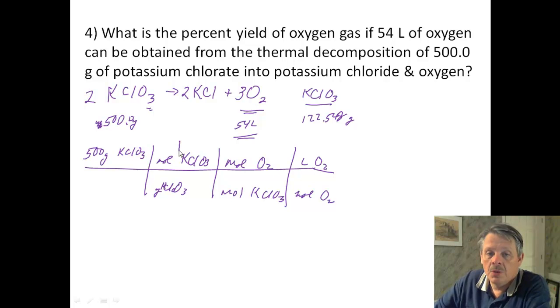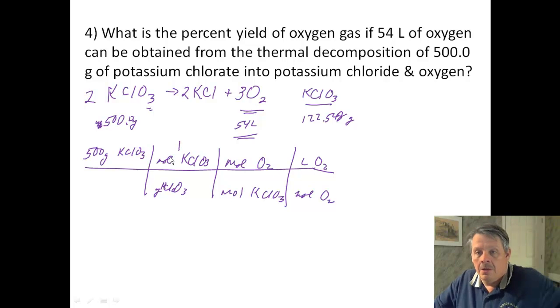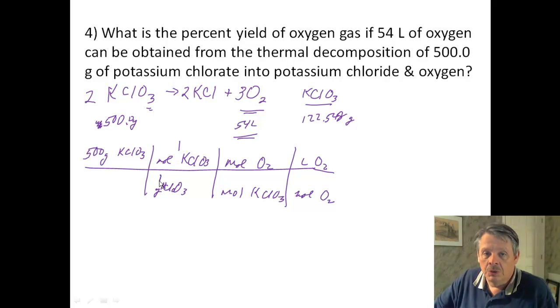We know that 1 mole of KClO3 has a mass of 122.548 grams per mole. And we know that 2 moles of KClO3 give us 3 moles of oxygen. And 1 mole of oxygen takes up 22.4 liters.